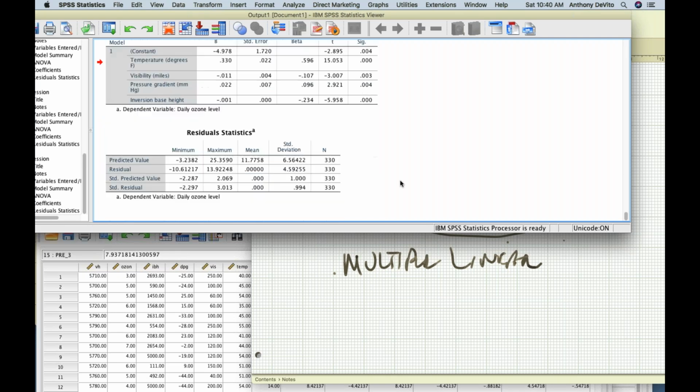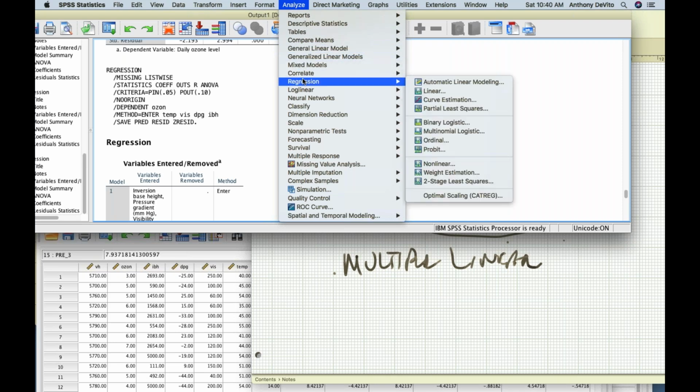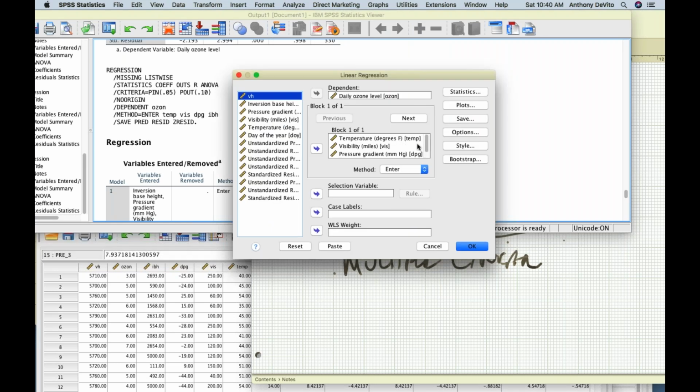So there's a way to use this analysis, and the order that you do the analysis in can have some impact. There's a way to do your regression analysis first with, let's say, all but one of these variables, and then apply the final variable afterwards to see if there's a change.